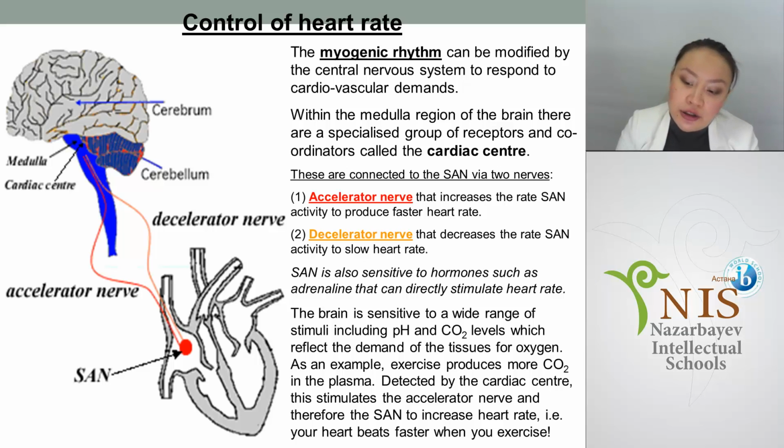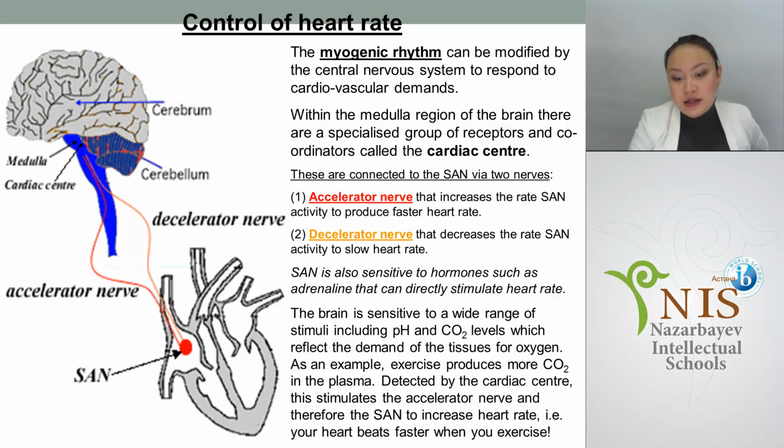The brain is sensitive to a wide range of stimuli, including pH and carbon dioxide levels, which reflect the demand of the tissues for oxygen. As an example, exercise produces more carbon dioxide in plasma. Detected by the cardiac center, they stimulate the accelerator nerve, and therefore the SAN, to increase heart rate. For example, your heart beats faster when you exercise.